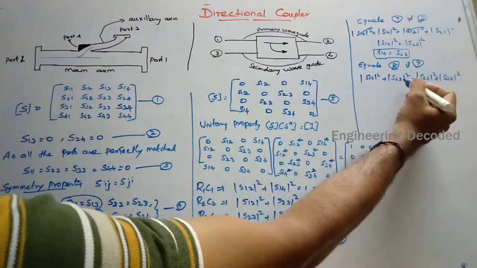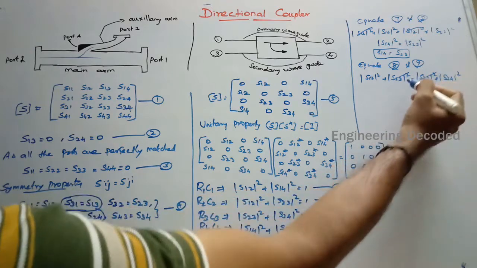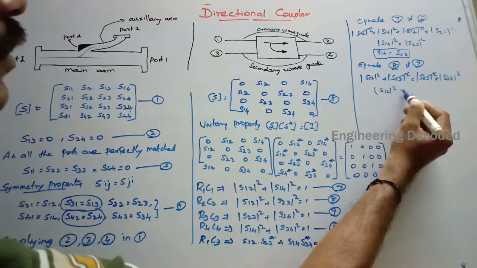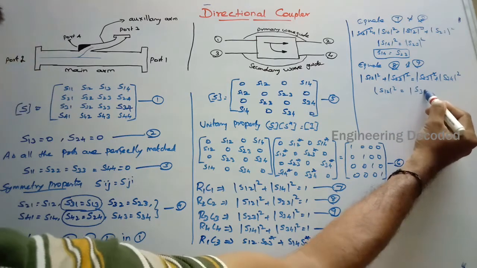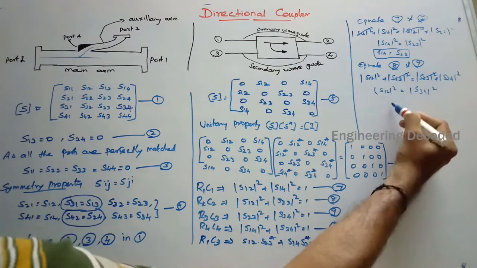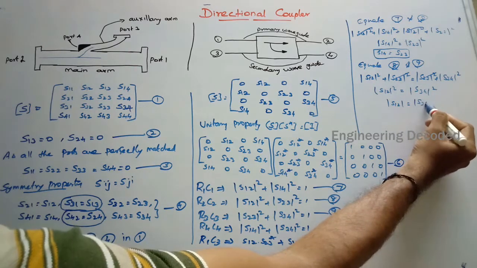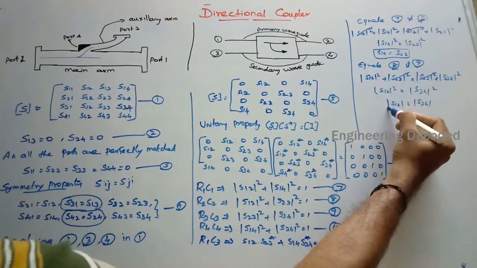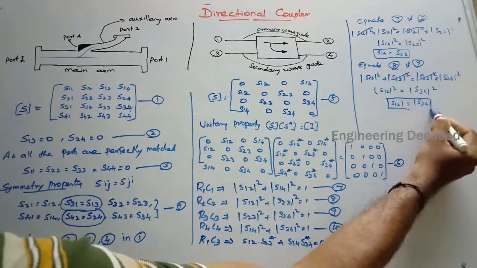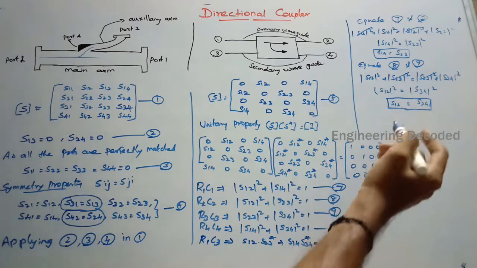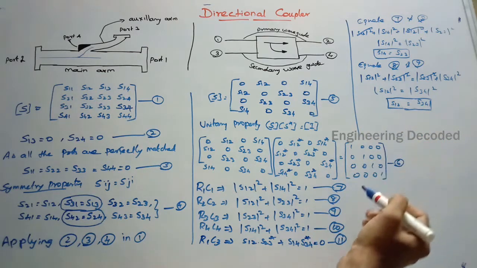Here modulus of S23 square is common, you can cancel it. So modulus of S12 square is equal to modulus of S34 square. From this you can write modulus of S12 is equal to modulus of S34, so S12 is equal to S34. We have got this relation.